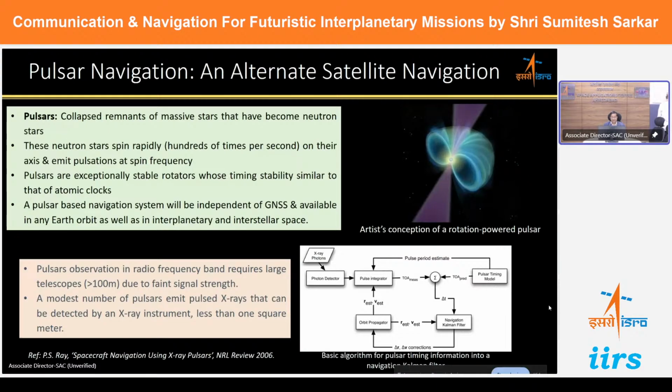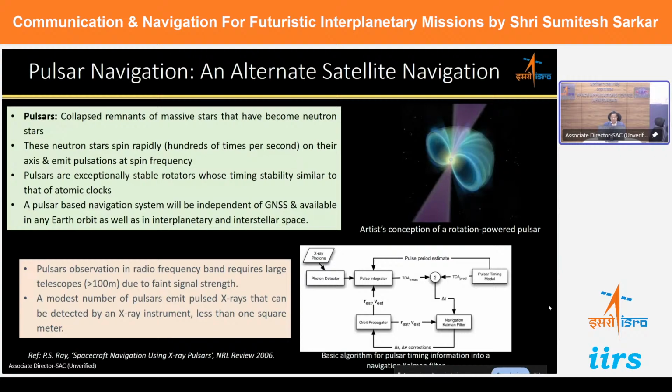Of course, there are other absolute position determination systems which are called pulsar navigation. Basically, there are some X-ray pulsars. Pulsars are very distant dead stars which emit X-ray signals in a pulsed manner. They are all X-rays only, but their frequencies are slightly different, so we can differentiate the signal coming from one pulsar from another.